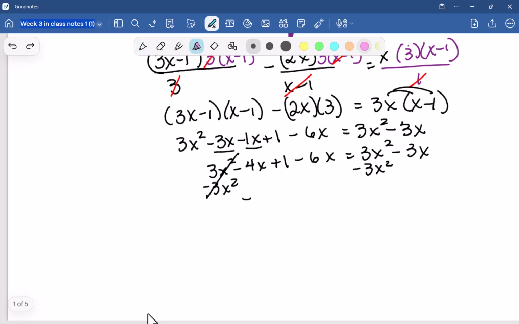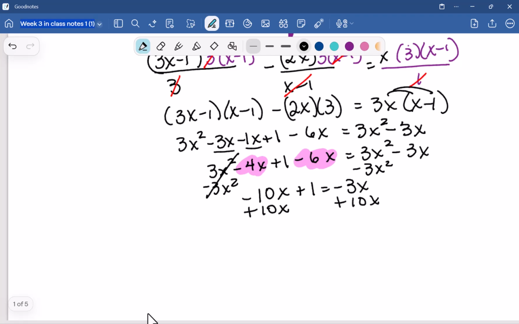That's a negative 4x and a negative 6x makes a negative 10x plus 1 equals negative 3x. Move my 10x over. So 1 equals 7x. Divide by 7.